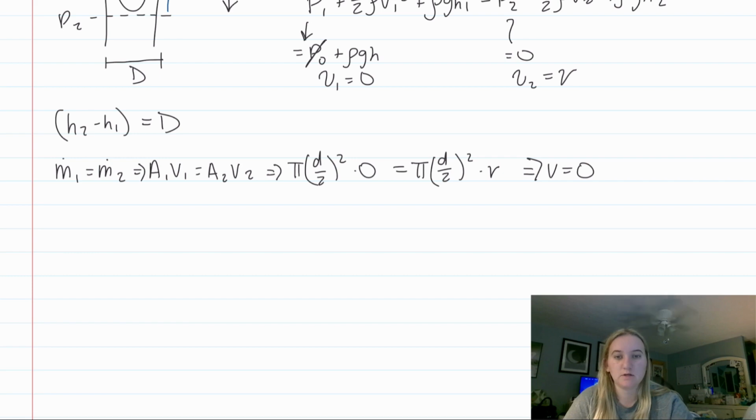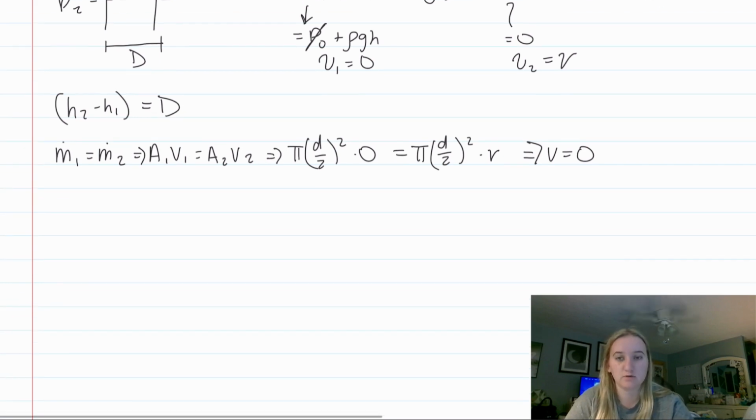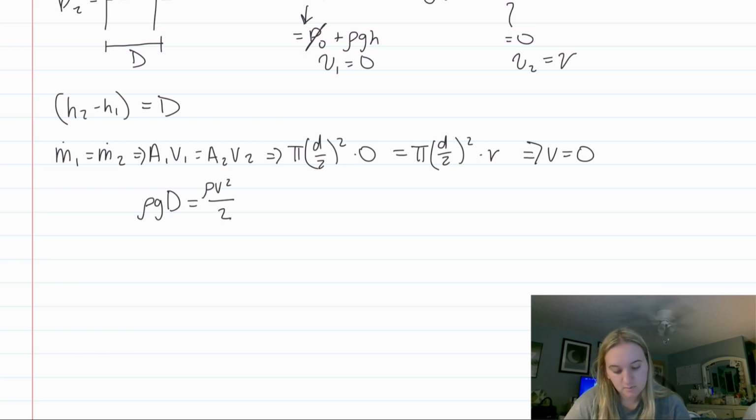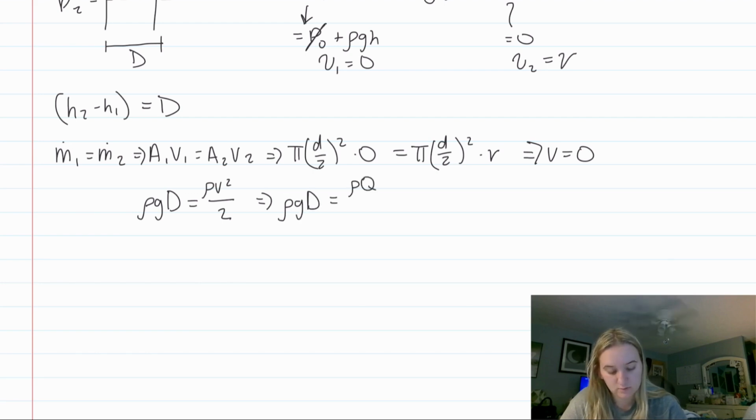So given that there is no velocity just after the ball, we're going to be left with rho g d is equivalent to rho v squared over 2. So then plugging in some previous expressions found, we're going to have rho gd is equal to rho q squared over pi times d over 2 squared times 2.